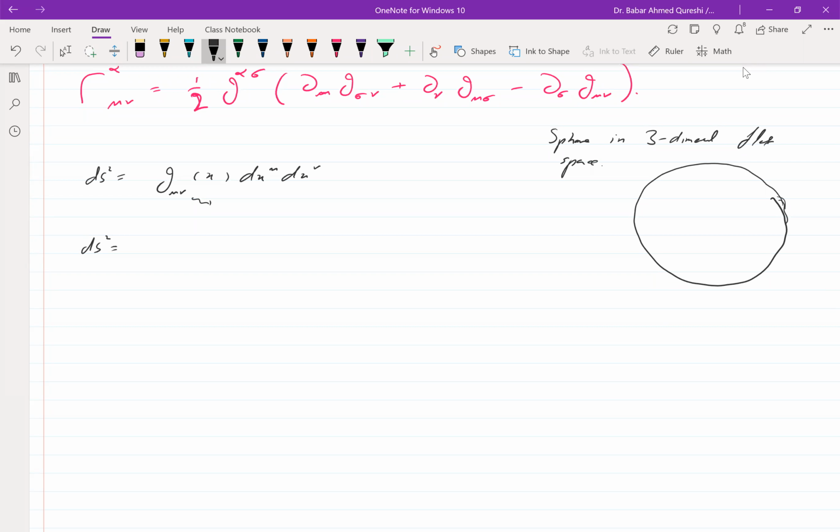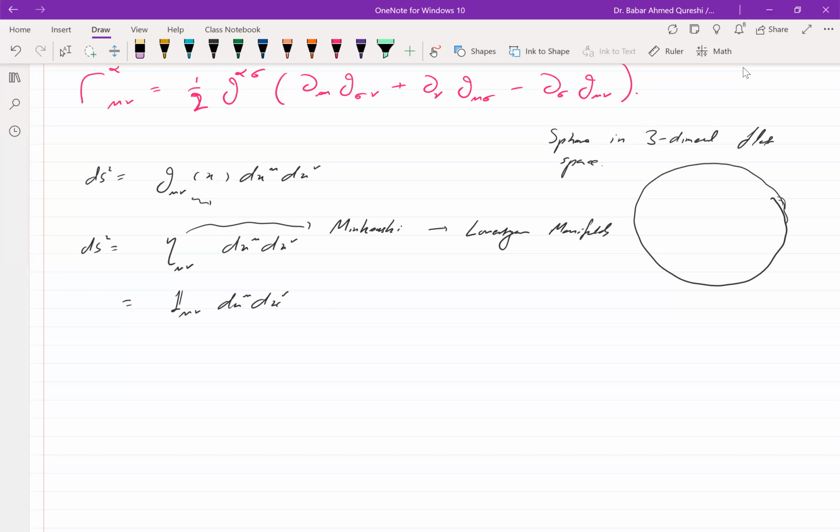But for now, this much is clear: if I have a coordinate system where this metric takes this form, the Minkowski form for the Lorentzian manifolds, or this Euclidean form for the Riemannian manifolds, and it's a global coordinate system, covering the whole space, then we know that we are in flat space.